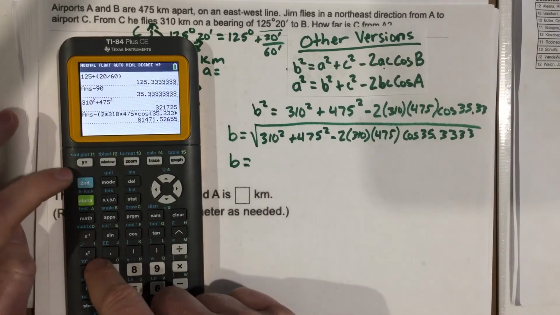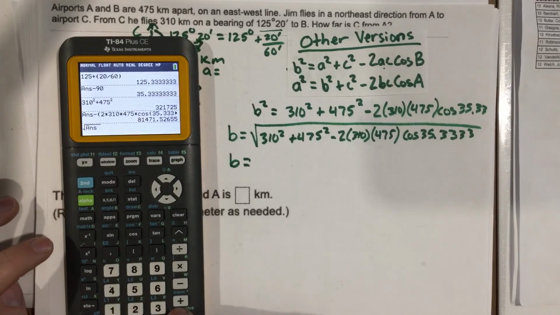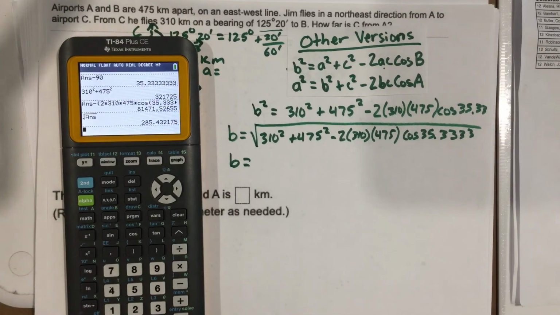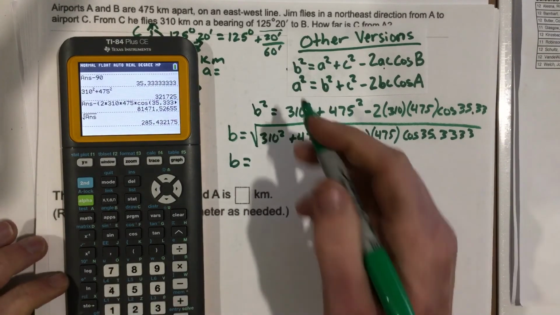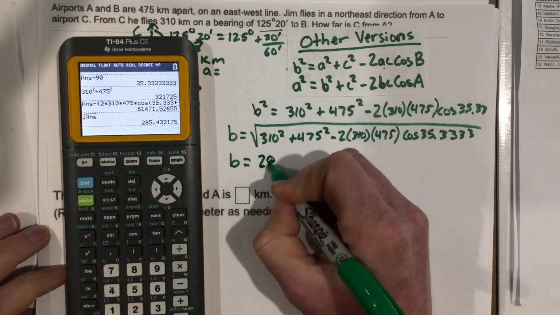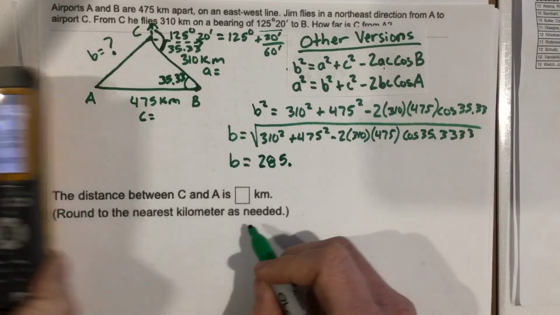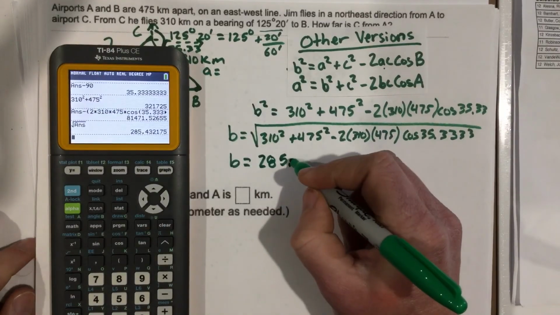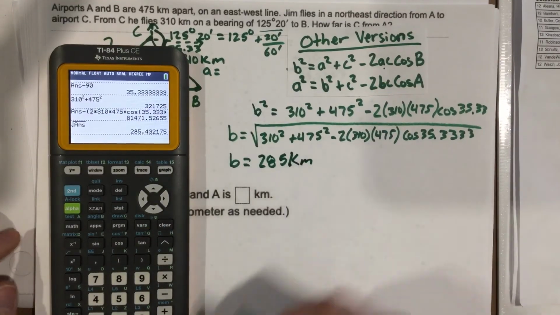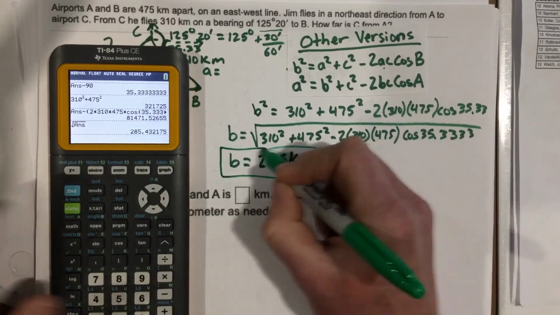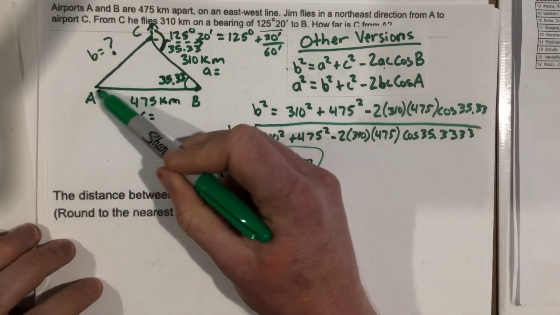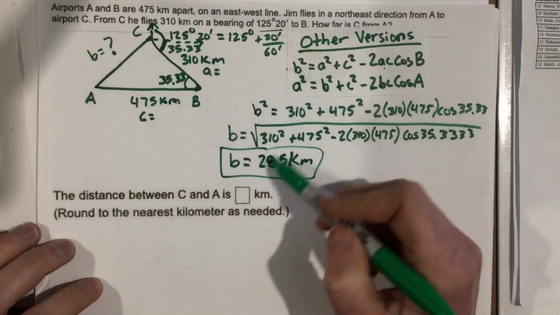So then I do the root of that. The answer tells me that A and C airports are 285 point, round to the nearest kilometer, so it's 0.4, so it's 285 kilometers apart. So this distance here from A to C was 285 kilometers.